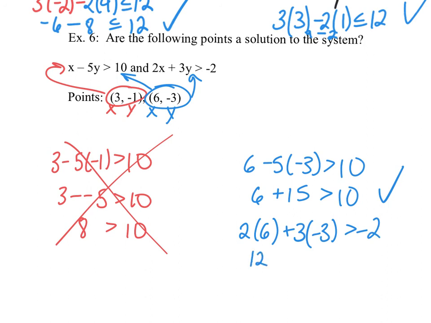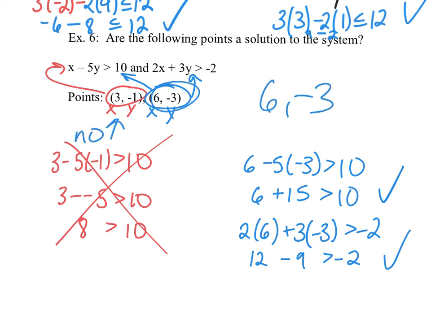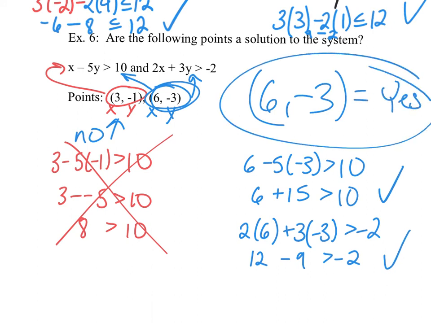Is that greater than -2? Yep. So that one works. Second point. So this one is a no, but 6, -3 is a yes. Make sense? Questions? Okay, if you have questions, make sure you ask them after lunch.